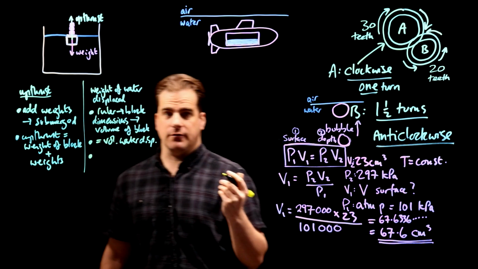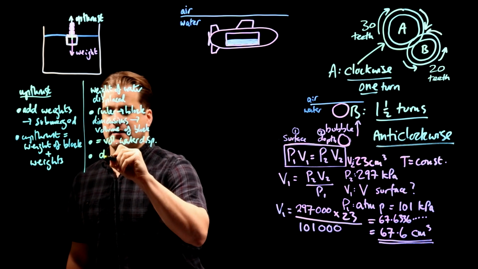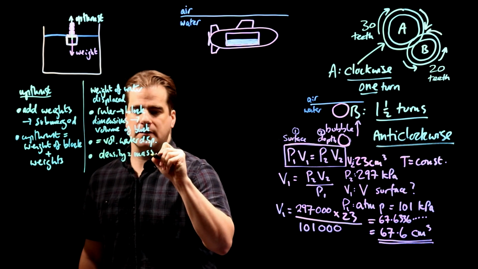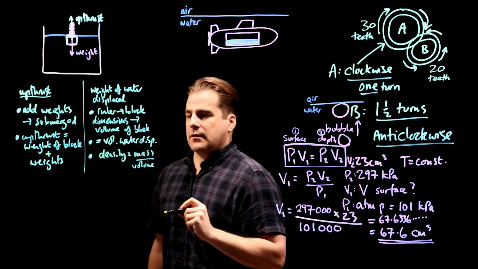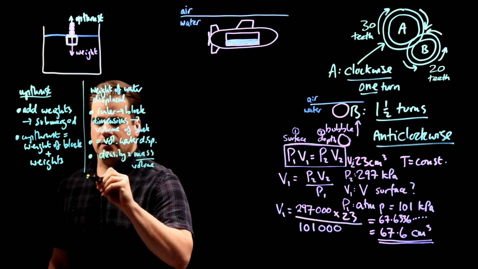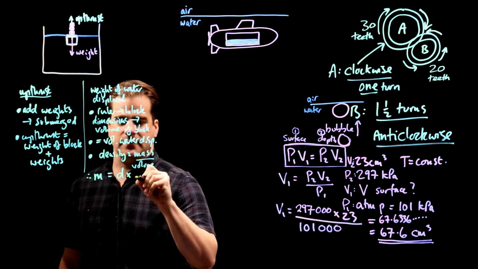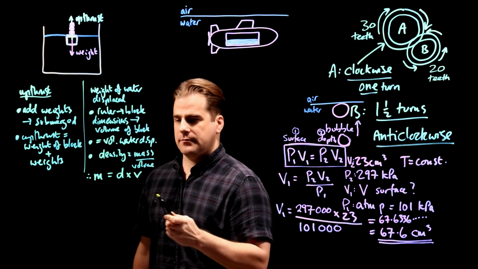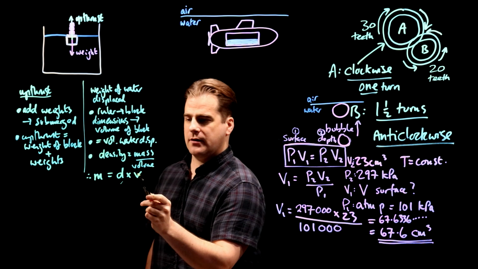She knows the density of water. So we're going to use density equals mass over volume. So therefore, mass is density times volume. So she knows density of water.